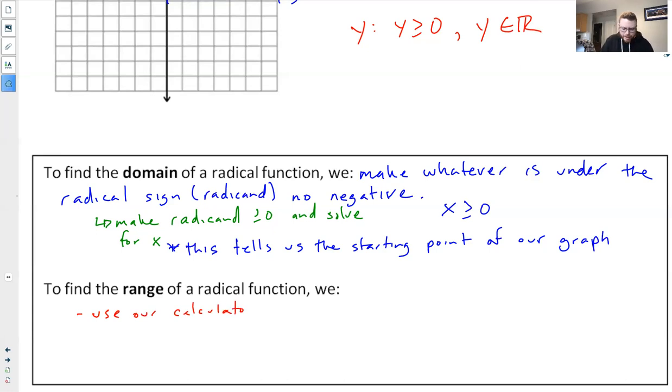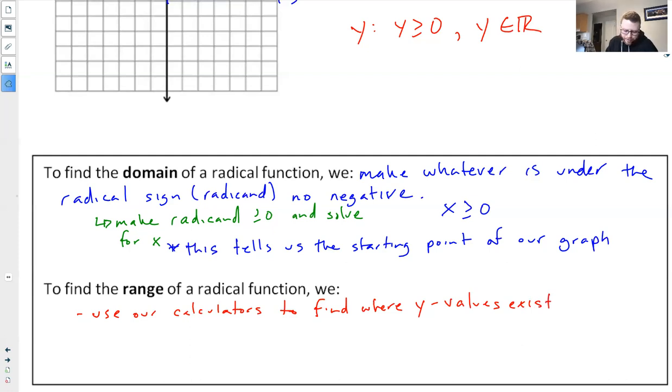make sure your window is set properly, but then you're going to press second graph, which is the table feature. Then you're going to scroll up and down until you find where it says y is in error. Look for the last known value of y.